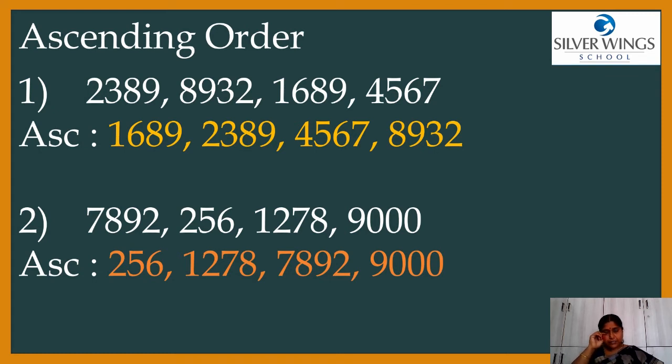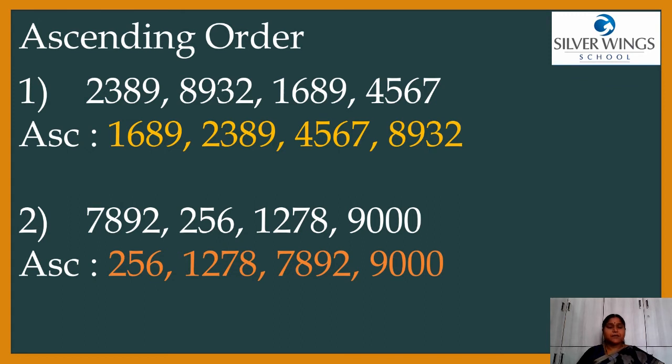Okay. Smallest to biggest. And you already know how to compare the numbers. I already told you about comparison of numbers. Like that, here also you should compare the numbers. First of all, check whether all are the same digit numbers or not. If different numbers of digits, you should check which number has more digits, that is the biggest number.